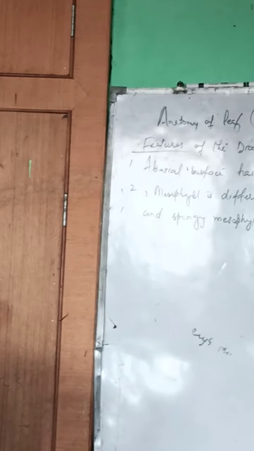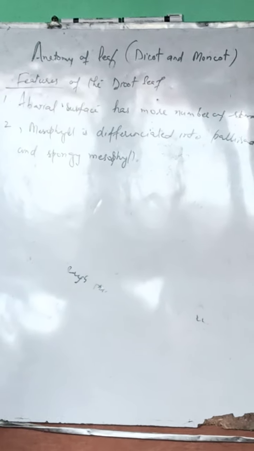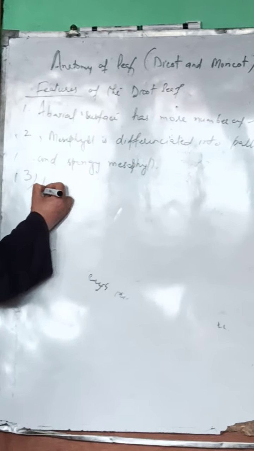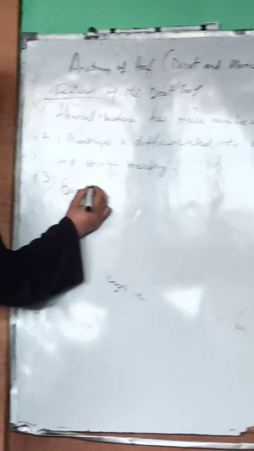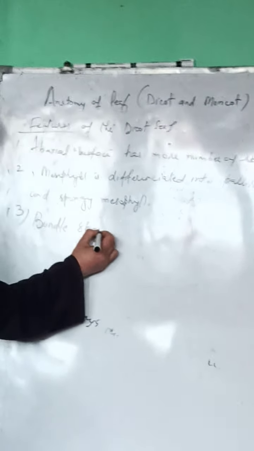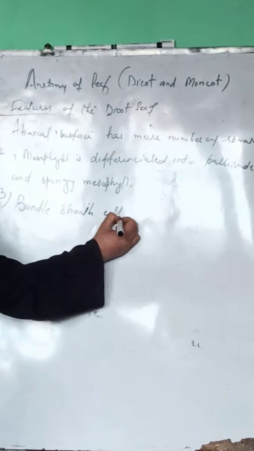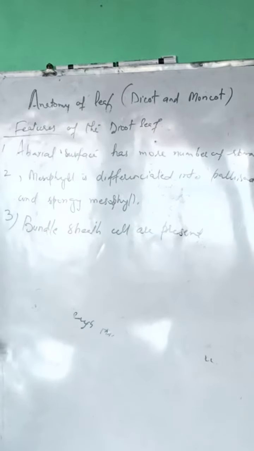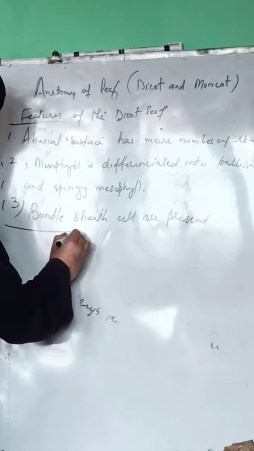Then there are bundle sheath cells. Bundle sheath cells are present, and I have told you this vascular bundle is surrounded by bundle sheath cells and it gives protection to the vascular bundle.